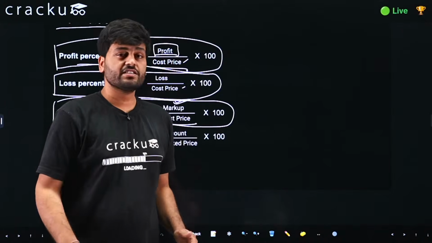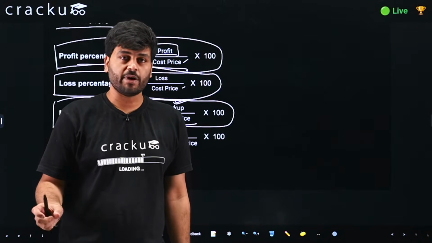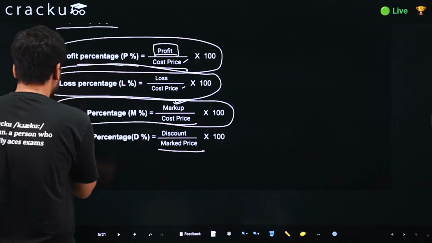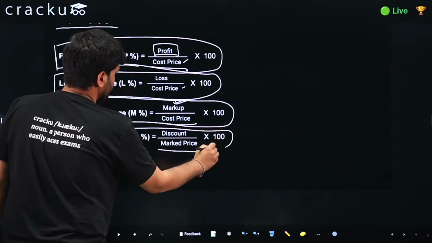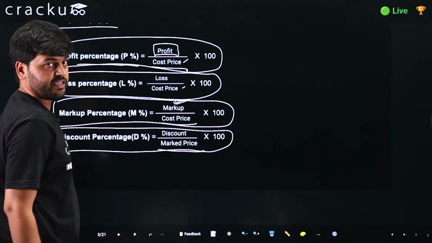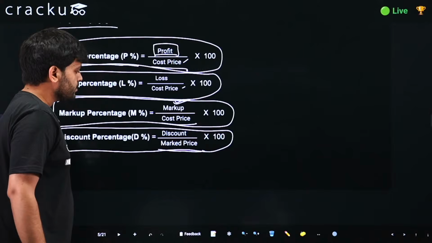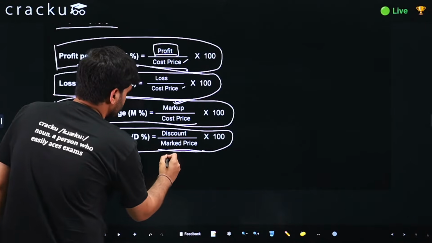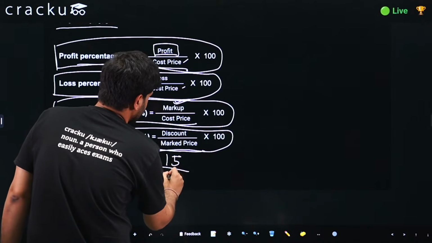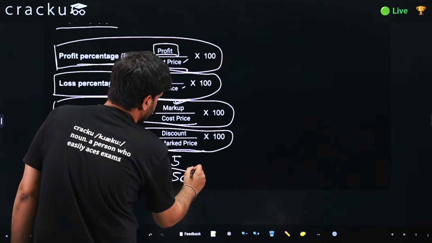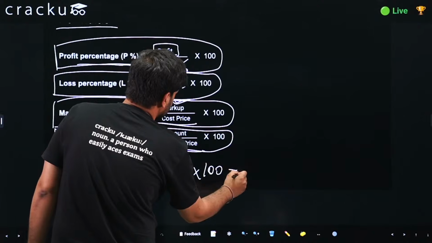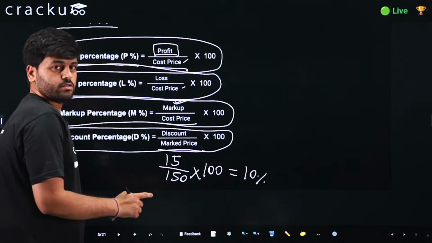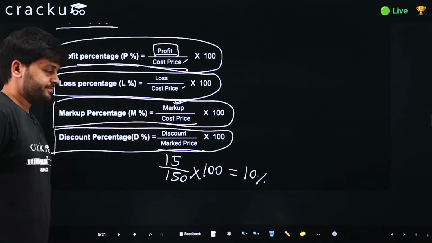We already saw discount is calculated on labeled price or MRP, on marked price. So discount percent equals discount upon marked price. Got it? So in our case, discount was 15 upon marked price 150, which is nothing but 10%, which we also saw previously.